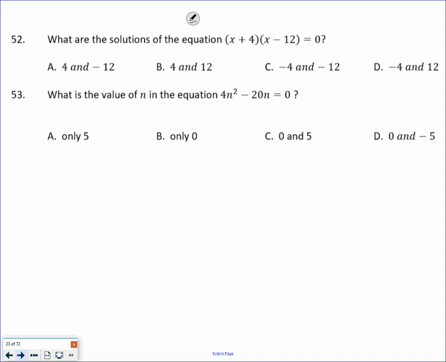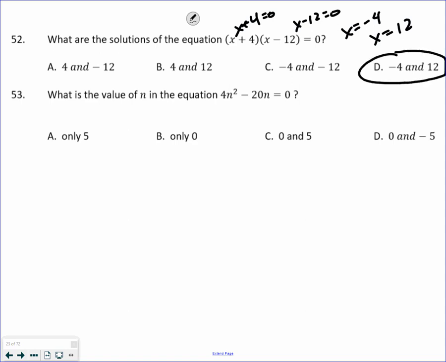Already in factored form again, so set the parentheses equal to 0. So I get x to be negative 4 and x to equal positive 12.